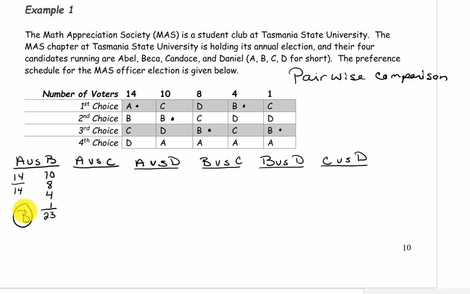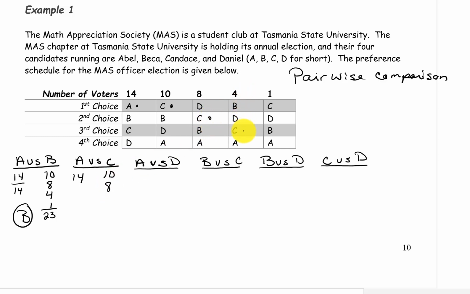Now we'll move on to our next pairing, and we'll take a look at A versus C. On the first 14 ballots, we can see that A is on top, and so A will get those 14 votes. On the next 10, candidate C is above A, so C will get those 10 votes. Candidate C is above A on the next 8.